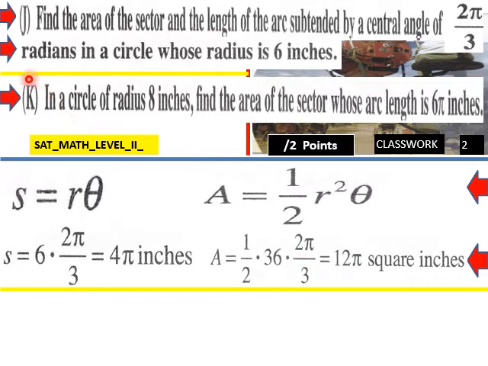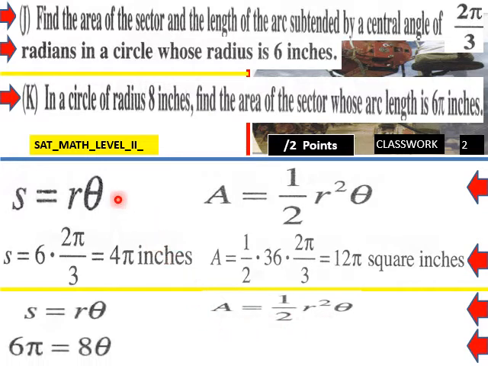Now K: in a circle of radius 8 inches, find the area of the sector whose arc length is 6 pi inches. Again, we're using S equals r theta, and area equals 1/2 r squared theta.